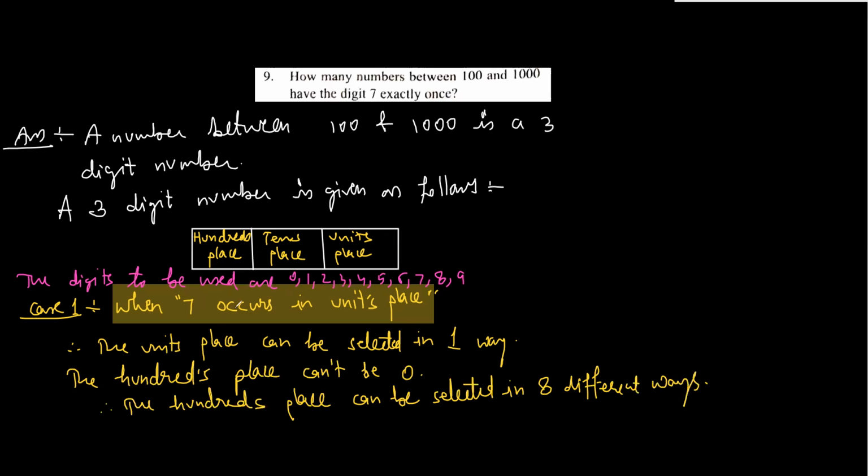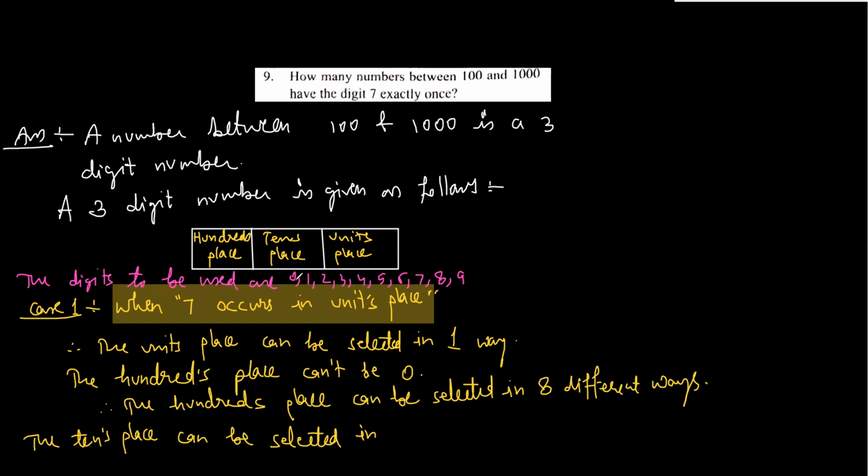Now I come to the tens place. I will write here the tens place can be selected in. My dear students, see, can I have zero at tens place? Oh yes, definitely, but I cannot have seven because I have already put that seven at the units place. So how many ways? 9 ways.